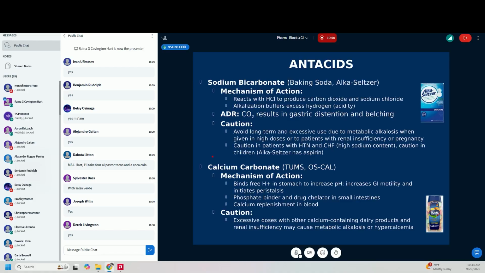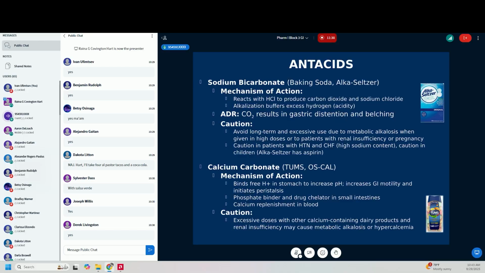So therefore, thinking about your adverse effects, right? If I have gas, I'm thinking about burping. I'm thinking about it coming out the other way. A lot of maybe GI distress because of pressure, because if I can't get the gas out, we'll sometimes feel that. Looking at the cautions that you see, making sure that we're not trying to use this as much in our patients who have renal insufficiency or pregnancy.